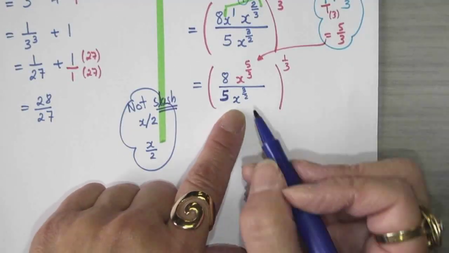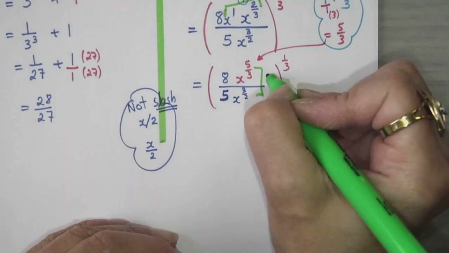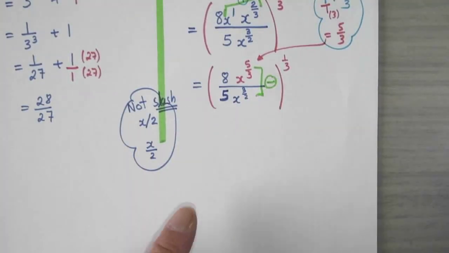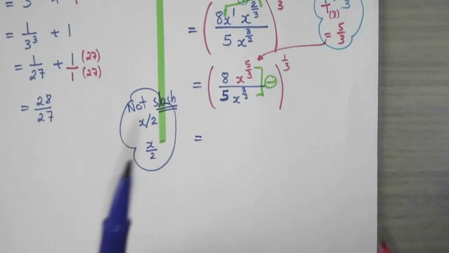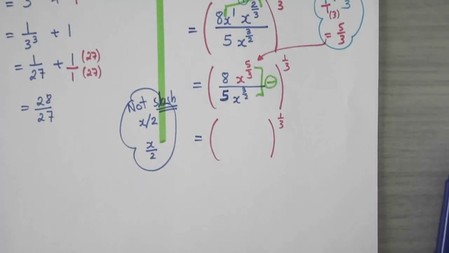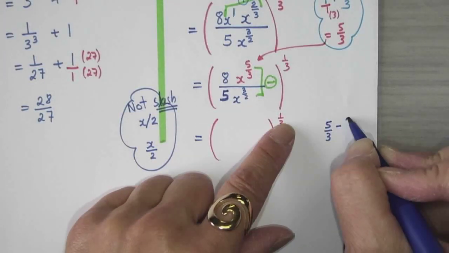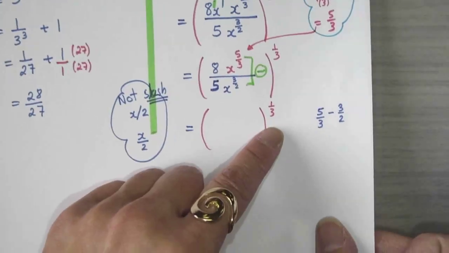So here, then, we're going to do these two here, and what do we do with these ones? Subtraction, so minus there. Again, this part here is just for our notes. I'm going to keep this 1/3 on the outside, and on the side here, I'm going to do 5 over 3 minus 3 over 2.